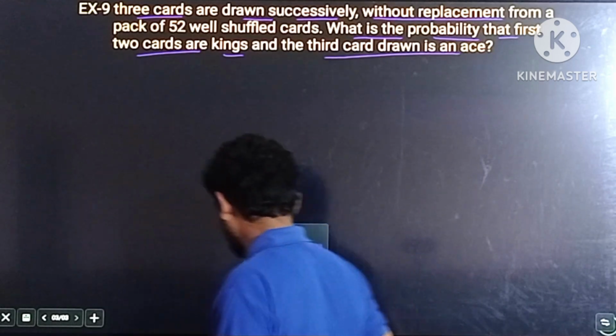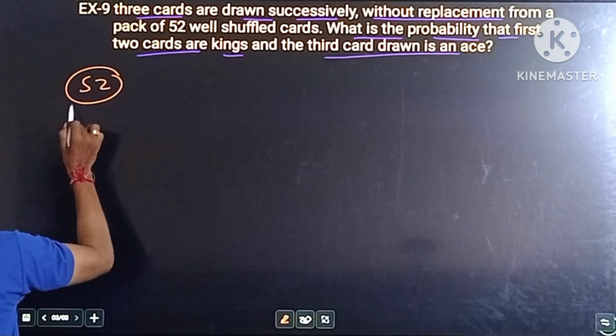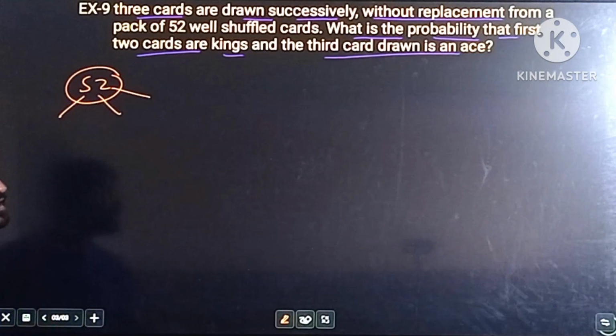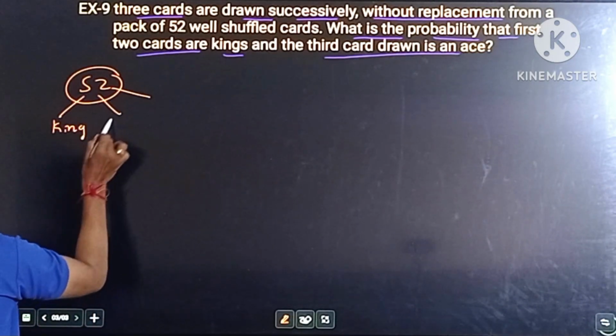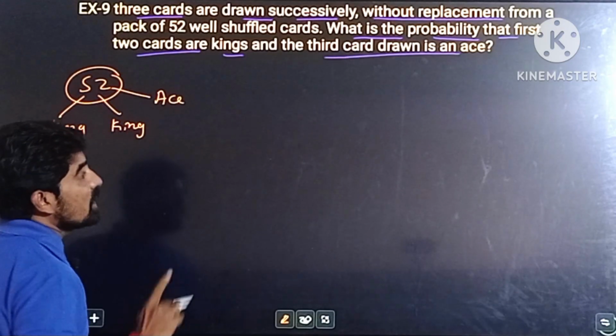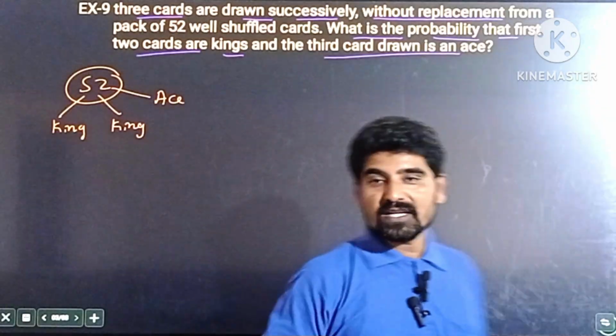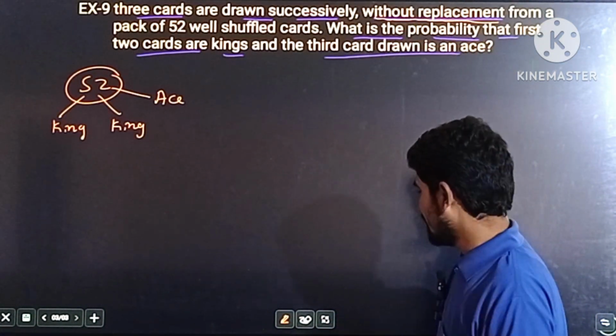In this question he is drawing 3 cards out of 52 cards. What is the probability of the first card being a king, the second card being a king, and the third card being an ace? One more thing you need to observe here: these 3 cards are taken in without replacement manner.